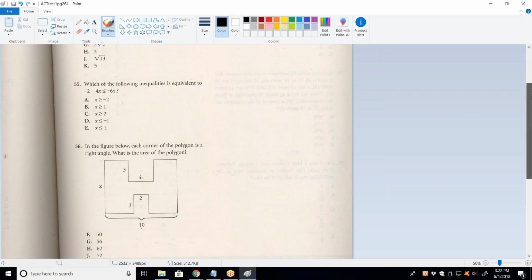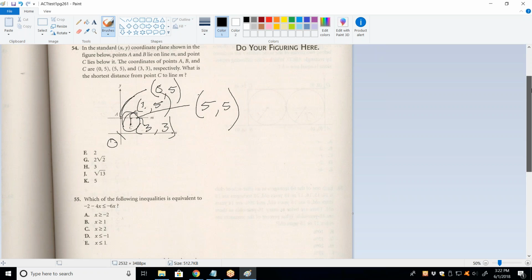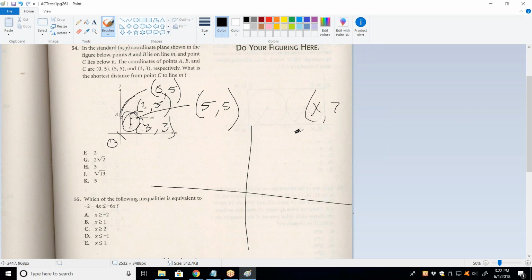Wait, so what's the answer? I'm still confused. Okay. When you're measuring a vertical distance on the xy coordinate plane, it's just the difference between y coordinates. Oh, I got it. There's a point up here. I don't care what its x coordinate is. If its y coordinate is 7, and I am drawing a line that is perpendicular to the x-axis, and that has an x coordinate and a y coordinate of 1, well, I know the distance has to be 6 because it's a vertically measured distance.